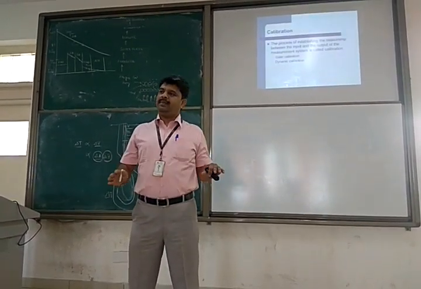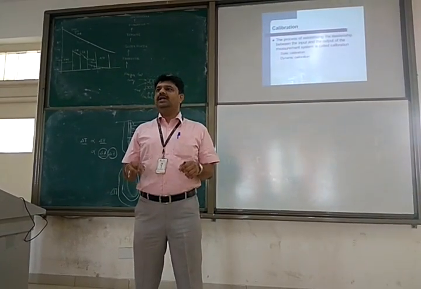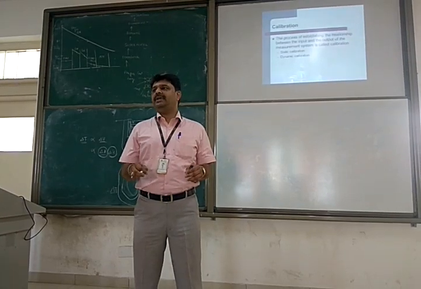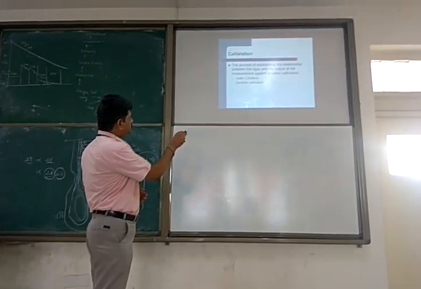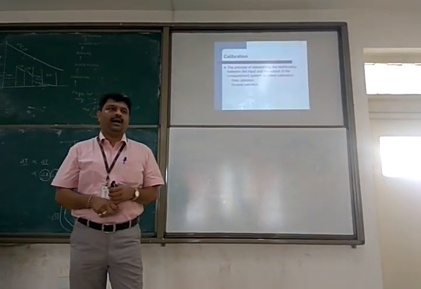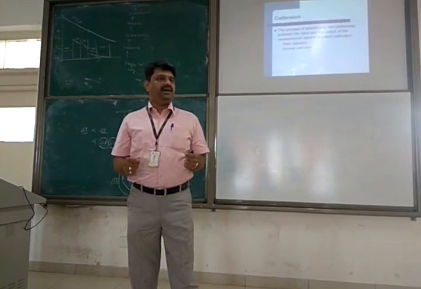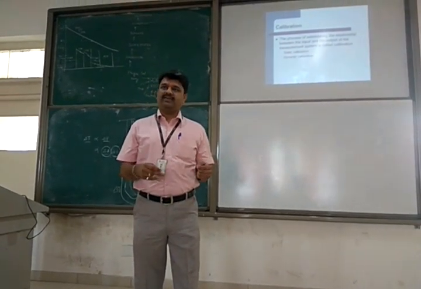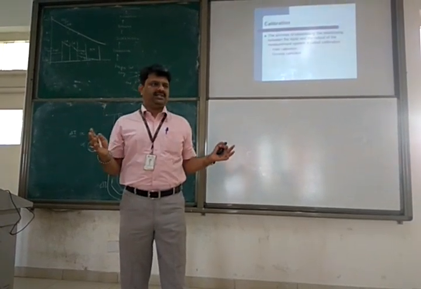Allow all environmental conditions to vary, and then do this calibration. This calibration we call dynamic calibration. We establish the relationship between input and output variable by allowing all environmental conditions to vary on their own.